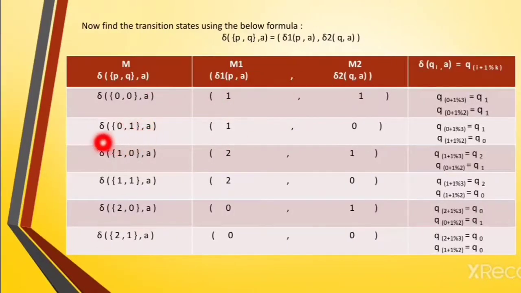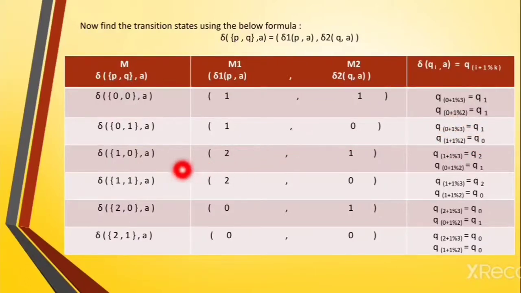The next state is delta of (0,1), a. First we do 0, a, for which we get the output 1, and for 1, a we get the value 0 using this formula. For the third state, delta of (1,0), a: for 1, a we get the value 2, and for 0, a we get 1.